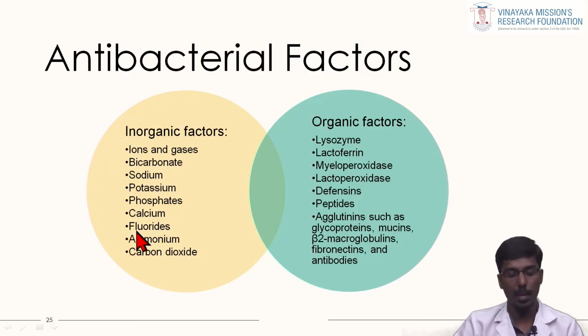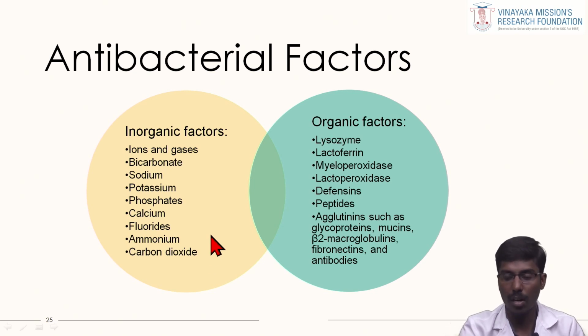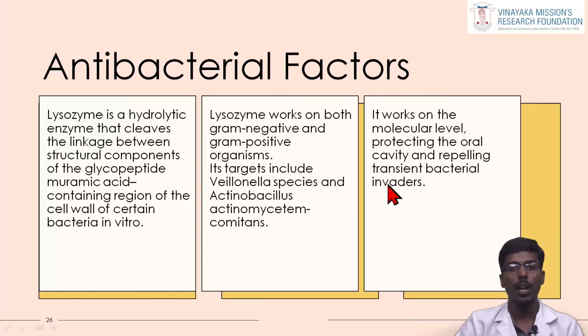Now coming on to the antibacterial action in detail. As we said earlier, the inorganic factors, a few examples can be bicarbonate, sodium, potassium, phosphate, calcium, fluorides, ammonium and carbon dioxide. Now coming on to the organic factors, they consist of various enzymes also: lysozyme, lactoferrin, lactoperoxidase, defensin, peptides, etc. Now coming to detail, the lysozyme, this is one of the very important enzymes.